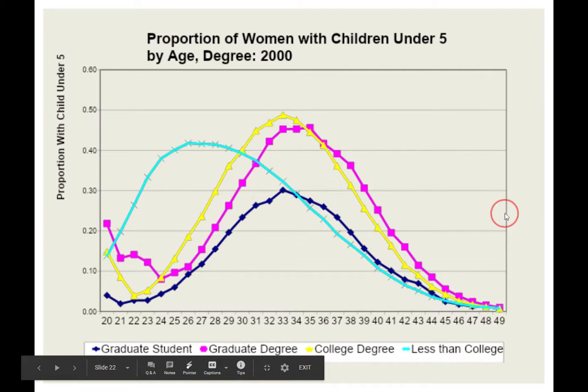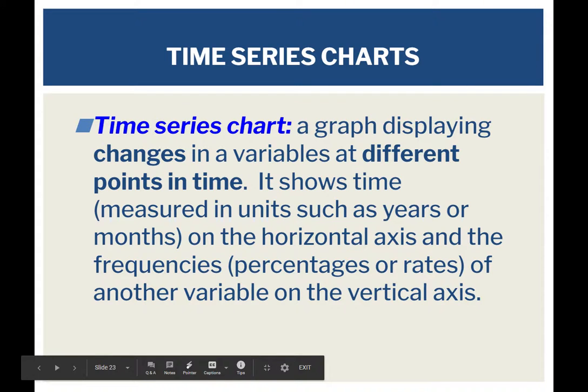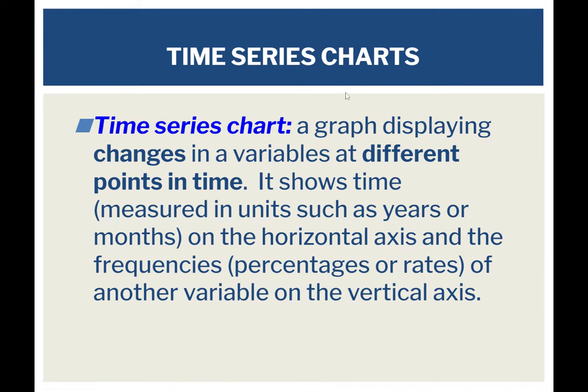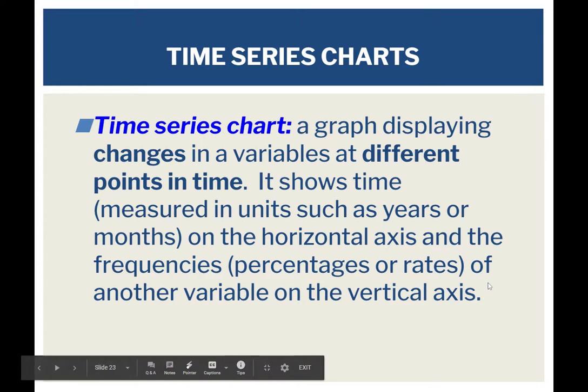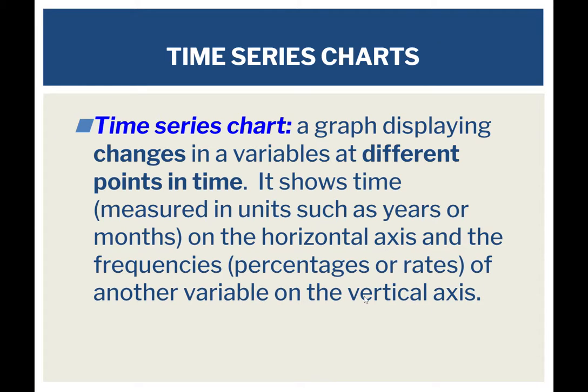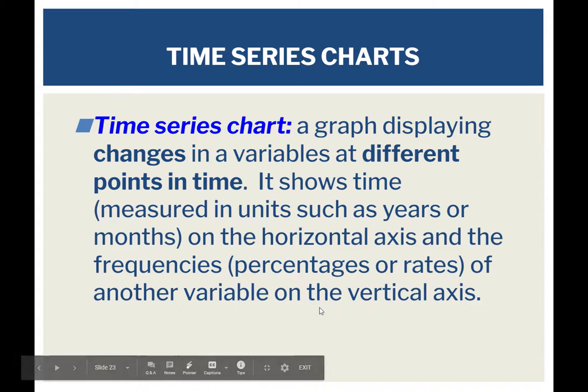Next up, we have a time series chart. This is a graph that displays changes in a variable at different points in time. It shows time, which is measured in units such as years or months, on the horizontal axis, or the x-axis, and the frequencies, percentages, rates, or proportions of another variable on the vertical axis, also known as the y-axis.